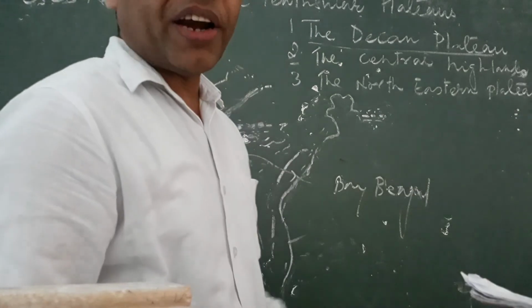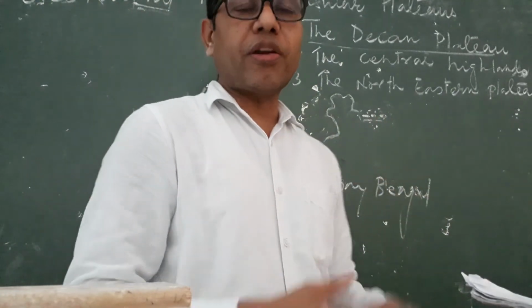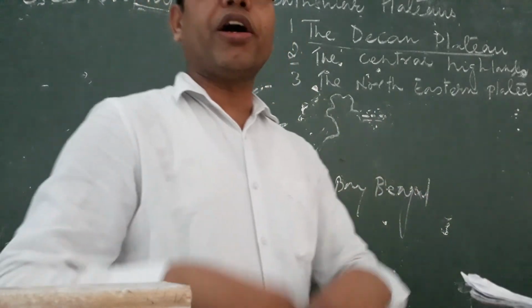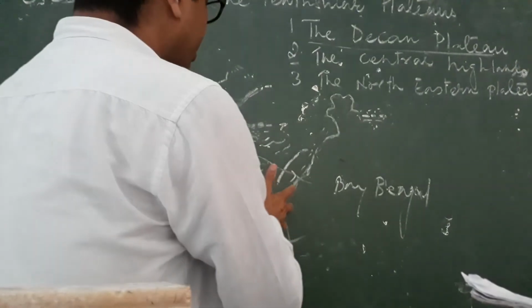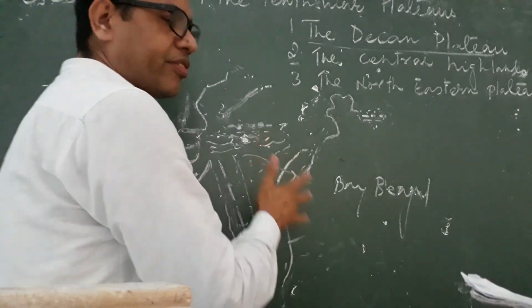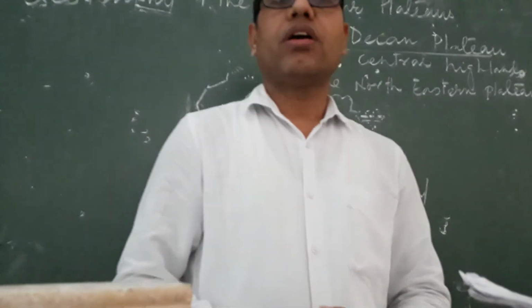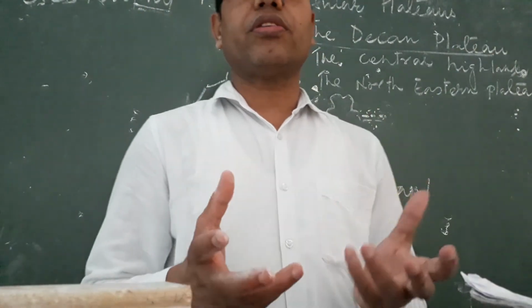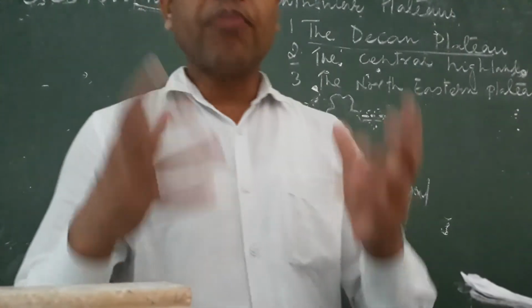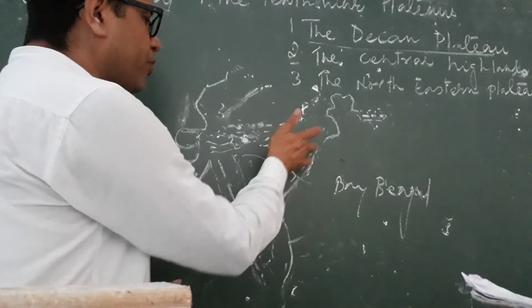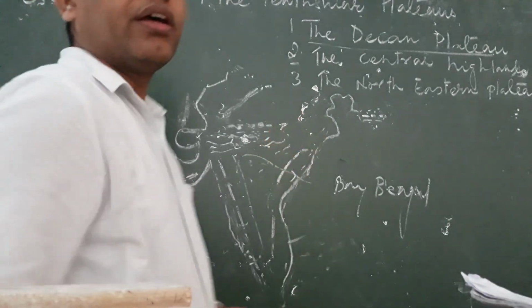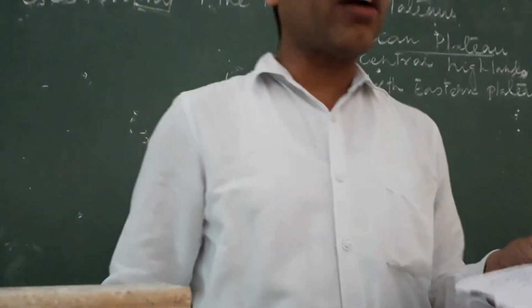It is also known by different local names. The different parts of the Eastern Ghats are known by different names, like Javadi Hills, Palkonda Hills, Nallamala Hills, Shevaroy Hills, Mahendragiri Hills. Mahendragiri is the highest peak of the Eastern Ghats.